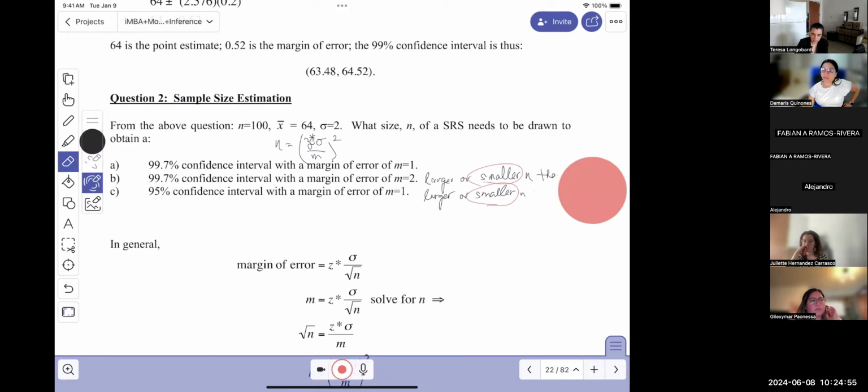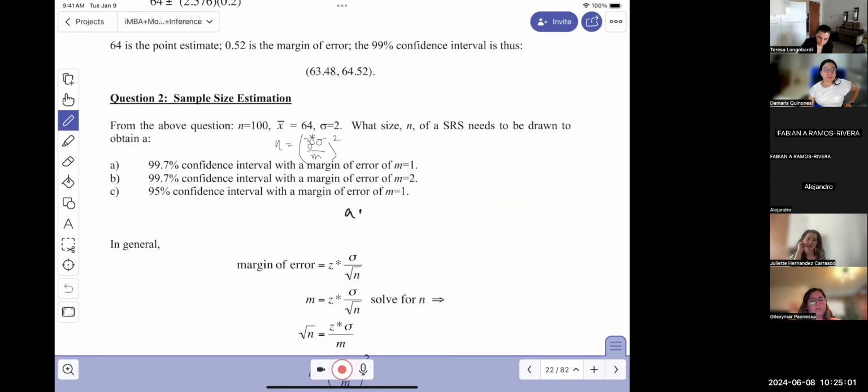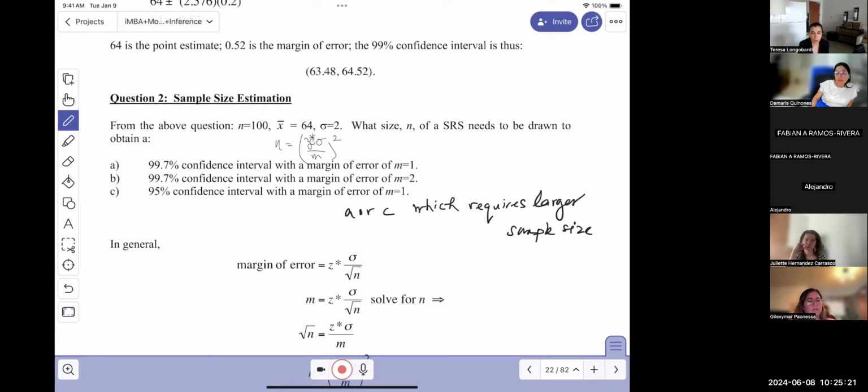Let me erase this so it doesn't confuse you. A or C? Same concept. Which one requires more precision, A or C?